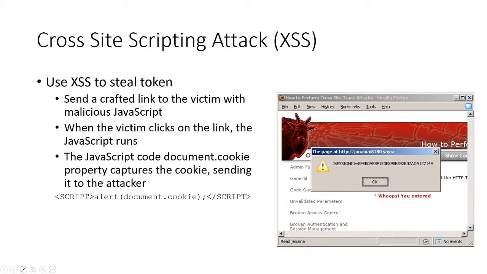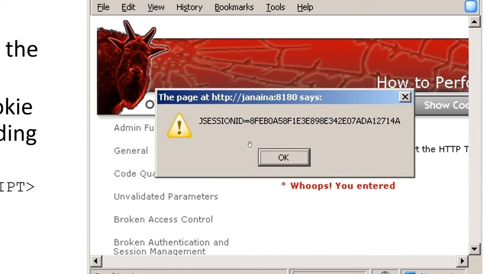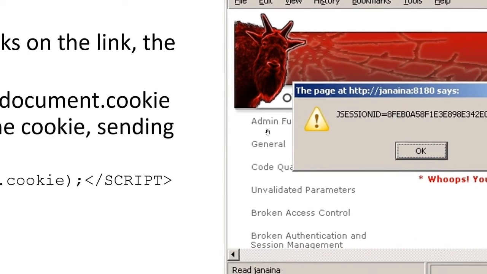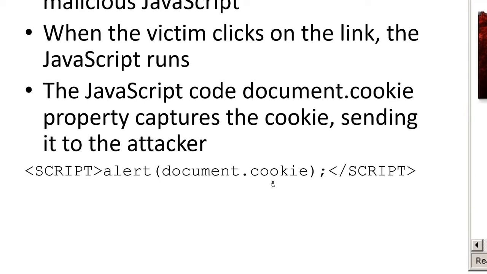So in our example here, maybe there's a blog or a Facebook post or something where users can upload their own stuff. And one of the things we're uploading is, hey, I did something really funny yesterday, and people are reading it. But in the background, there is this malicious JavaScript using the document.cookie property as part of a script. So notice how this is done: script, and so on.